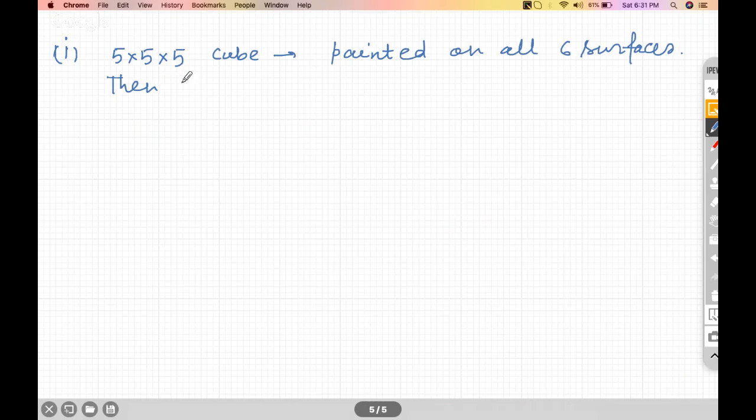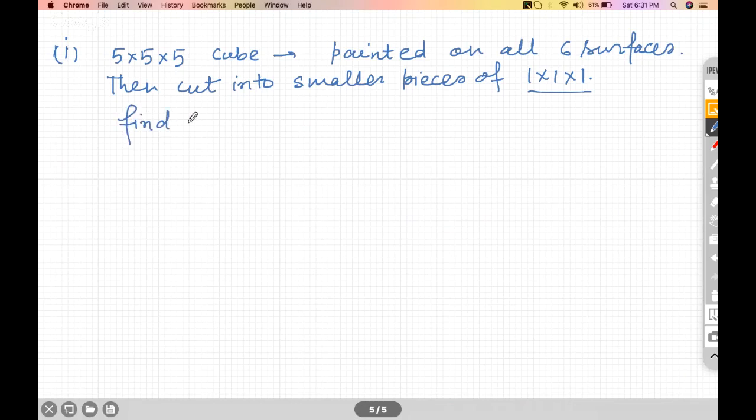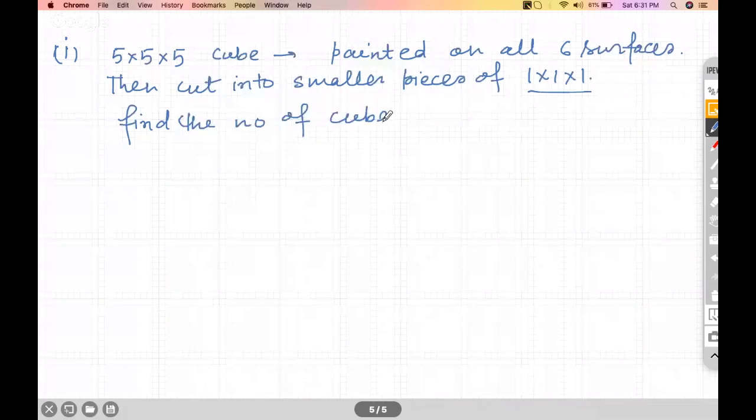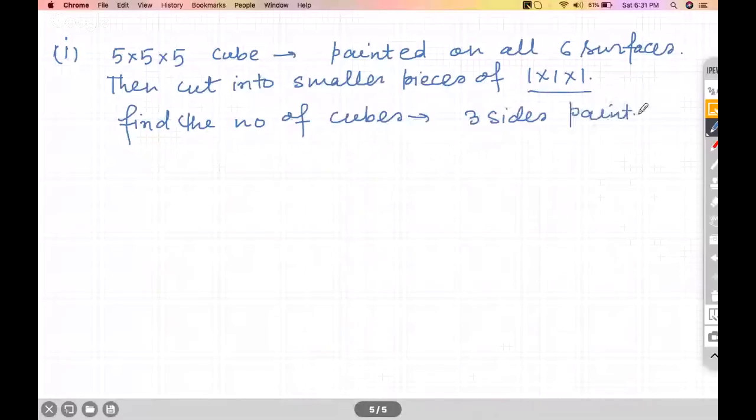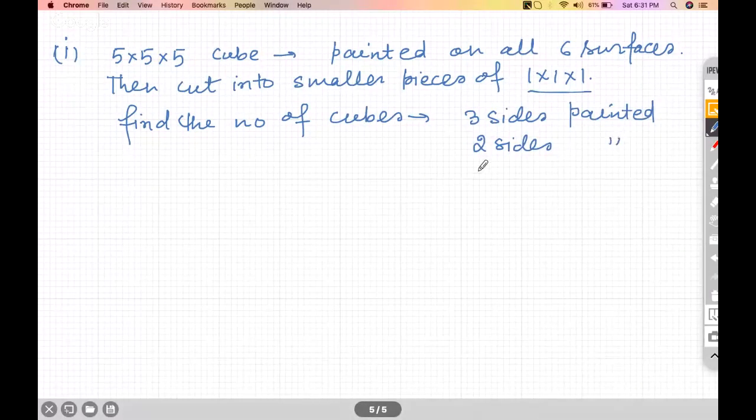Then cut into smaller pieces of 1 by 1 by 1. Find the number of cubes which have 3 sides painted, 2 sides painted, 1 side painted, and 0 side painted.